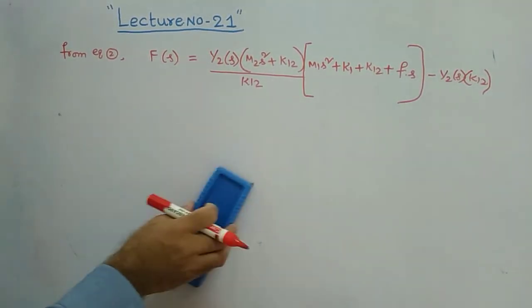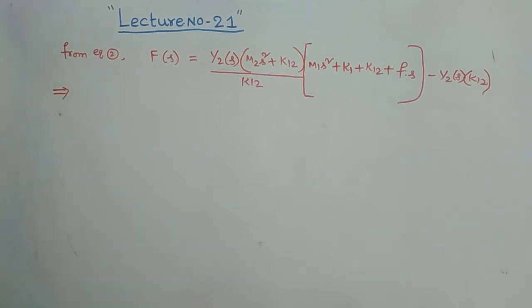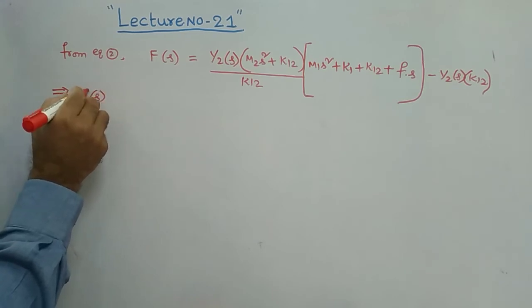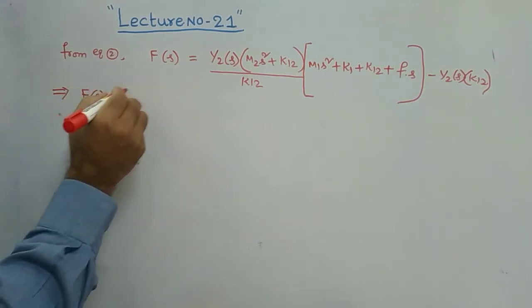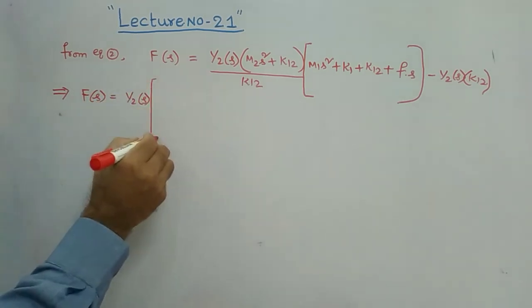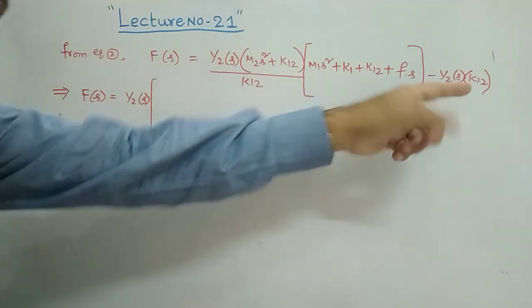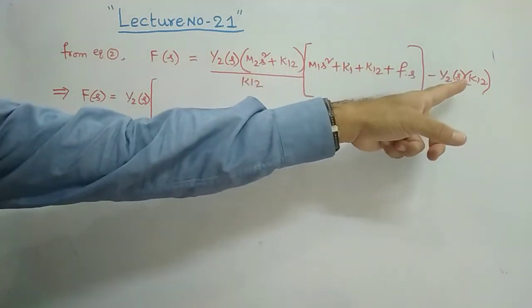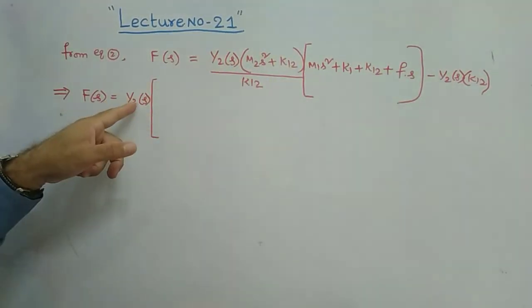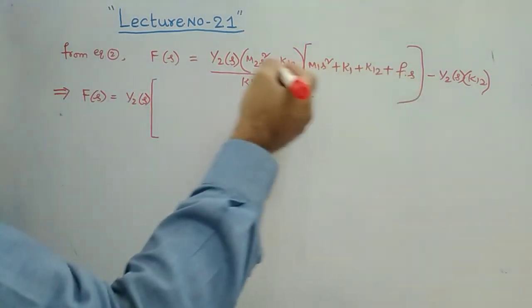So from this, what we will do? Your f of s equal to, take y2 of s as common, because this is total one product and this is another term. So here y2 of s is there, here also y2 of s is there. So take y2 of s as common. If you take the y2 of s as common, what you will have? All this is multiplication, no?